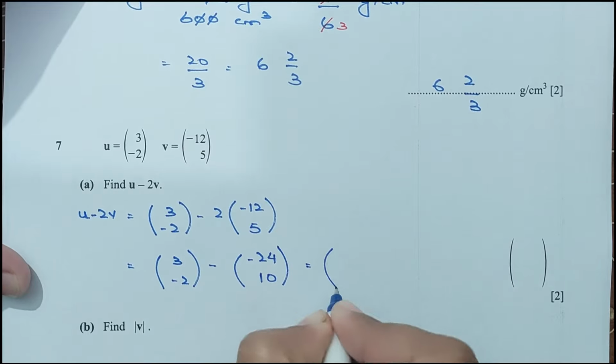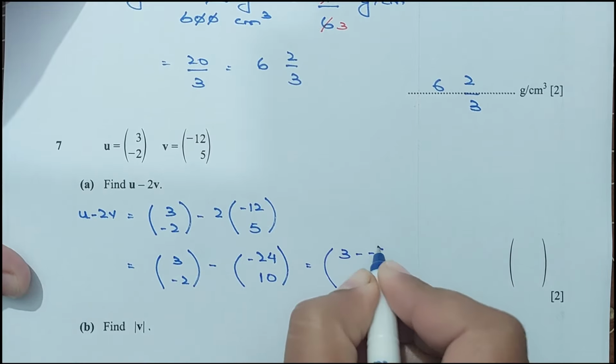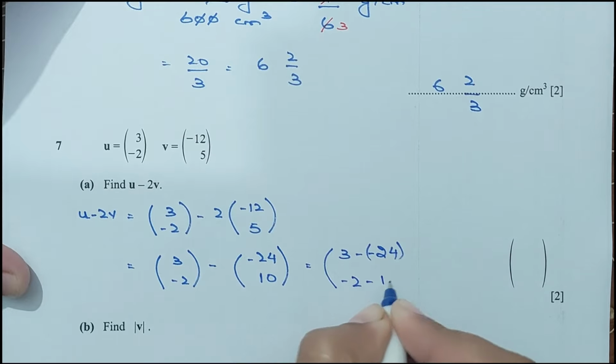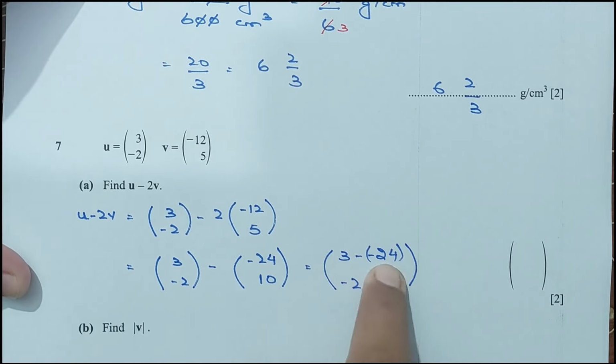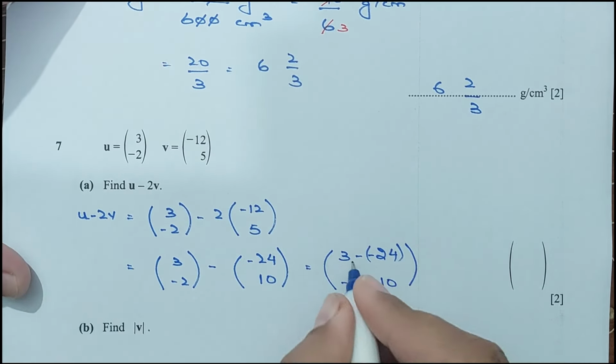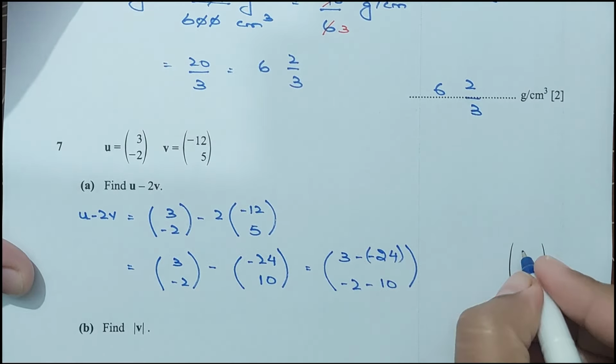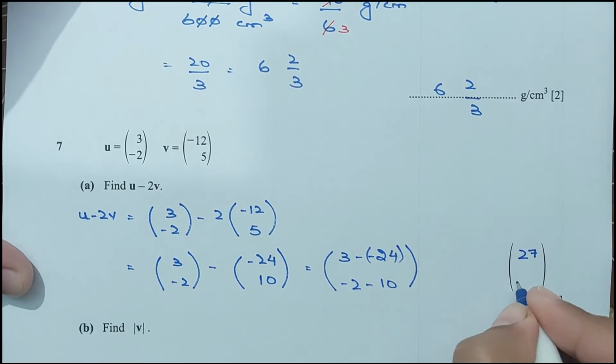In the next step we can do 3 minus minus 24 and minus 2 minus 10. This is 3 plus 24 basically. So 3 plus 24 is 27, and this is negative 12.